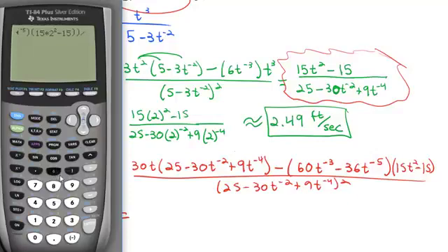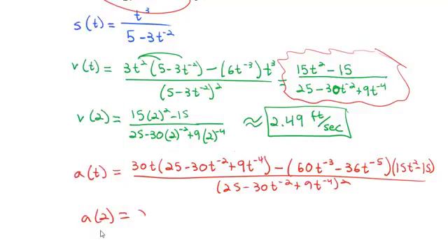divided by denominator, open a parentheses, 25 minus 30t, which we know is 2, raised to the negative 2 power, plus 9 times 2 raised to the negative 4 power, close the parentheses on the denominator, and square the denominator, and hit enter to find out our acceleration is 2.44 feet per second squared.